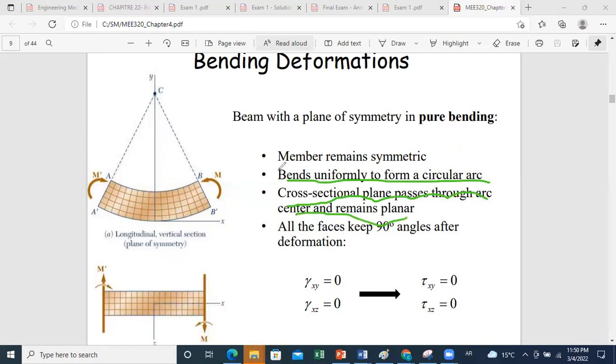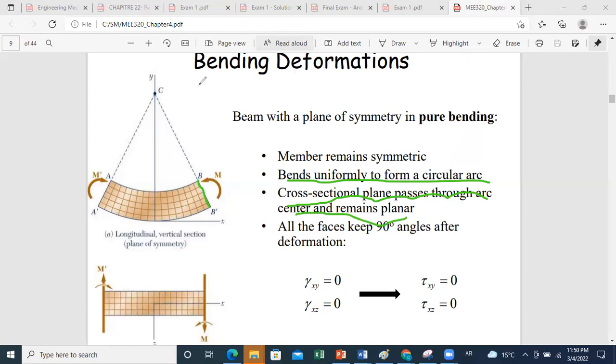So if you consider any cross-sectional plane, it will always pass through the arc center and will remain planar. This means that this section will not undergo distortion. It will remain in one plane.